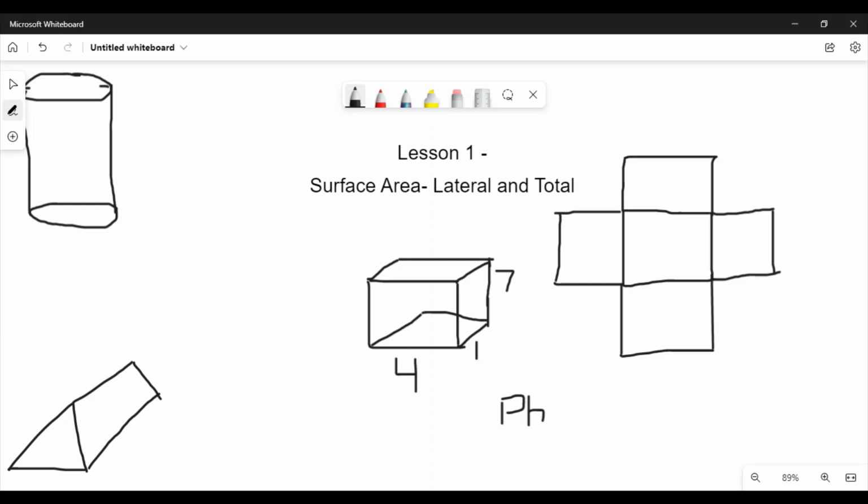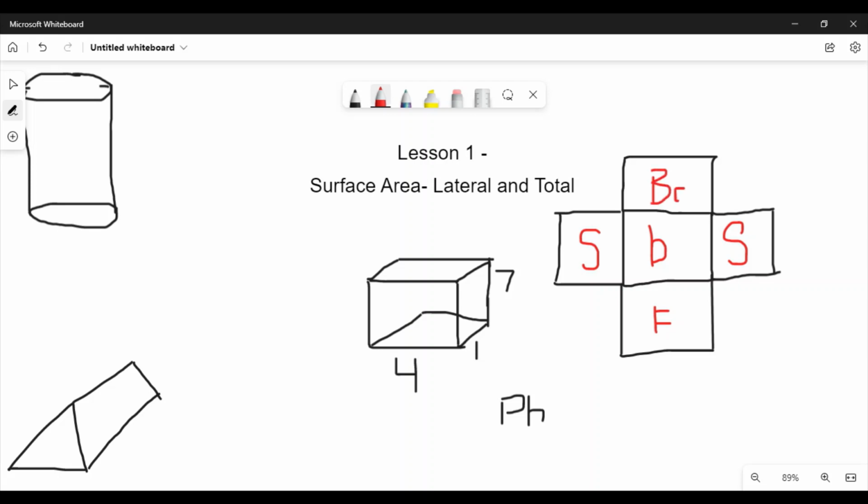If you were to fold it up, these would be the sides, and this would be the base. This would be the base, and this would be the front and the back.